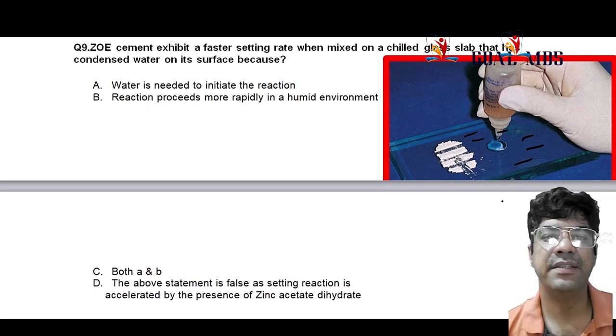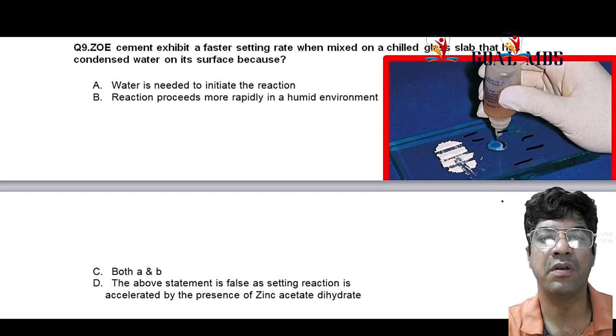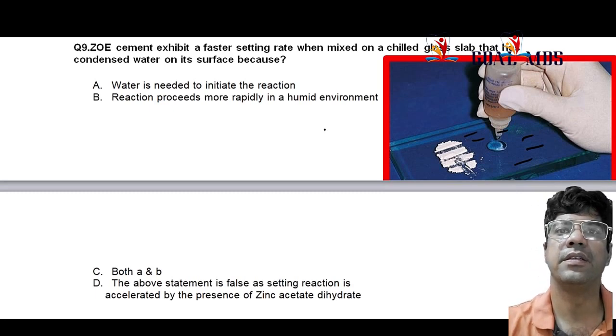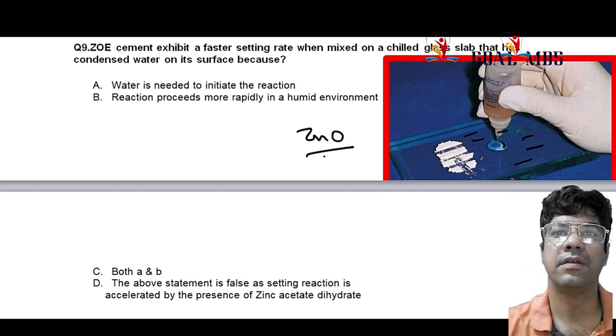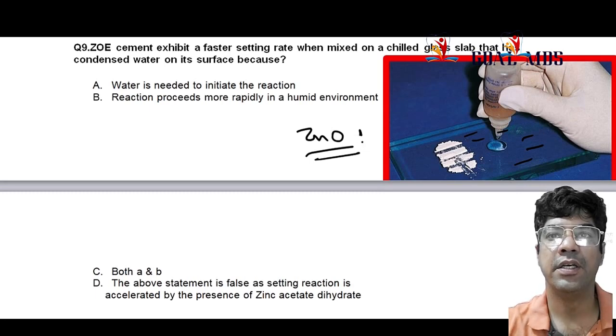So zinc oxide cement relies on the setting mechanism that involves the hydrolysis of zinc oxide and subsequent reaction with the eugenol.